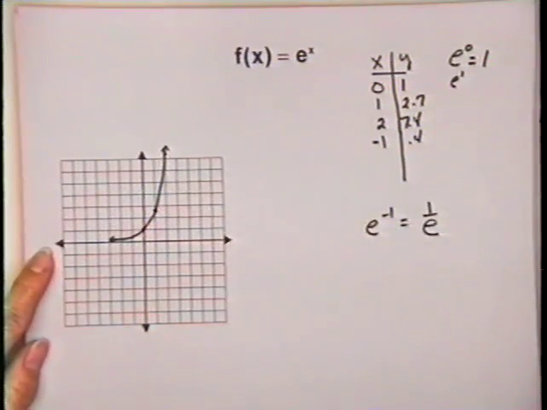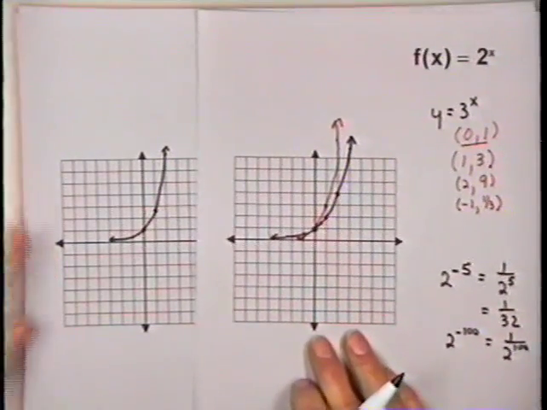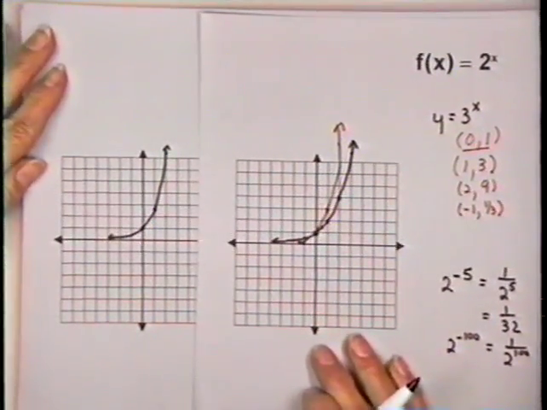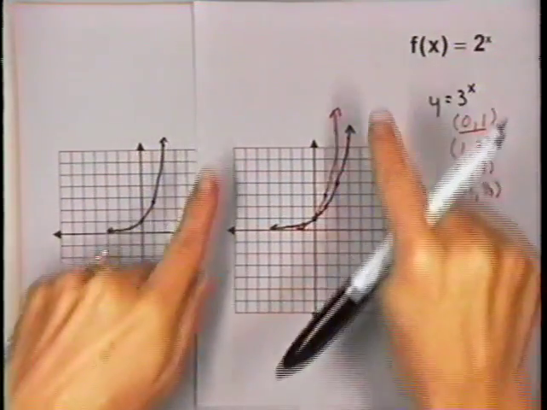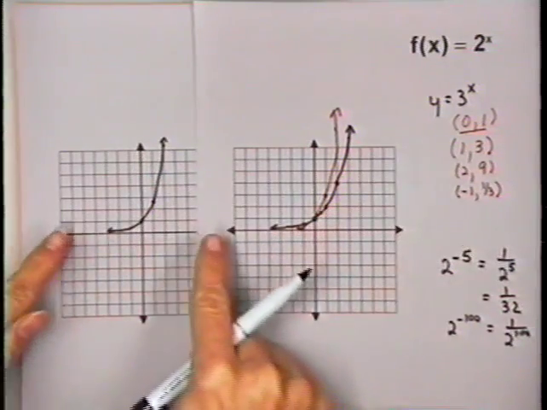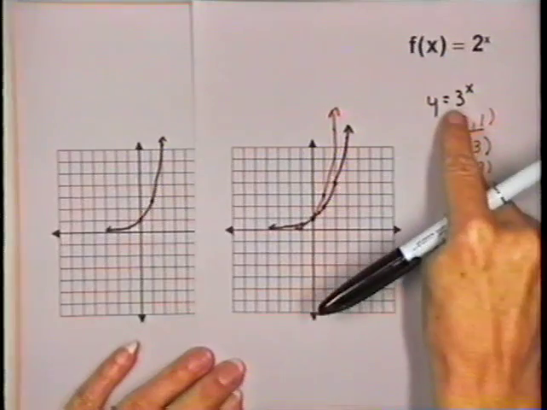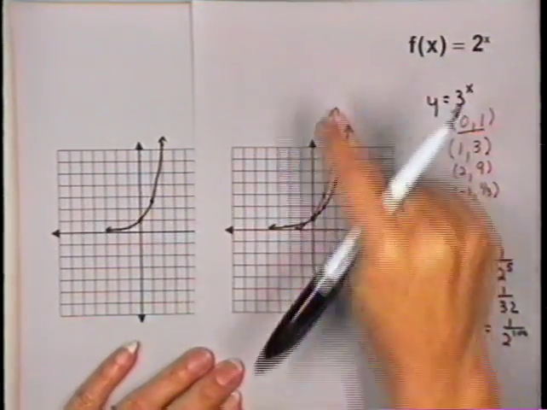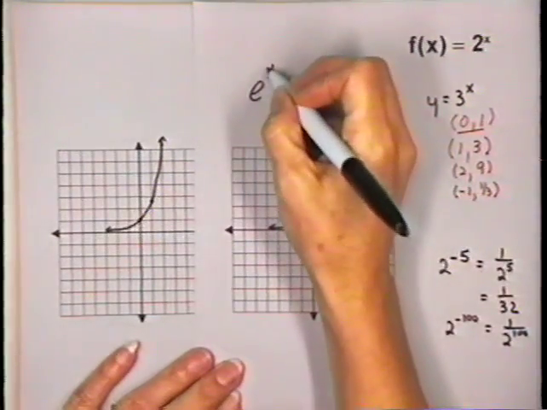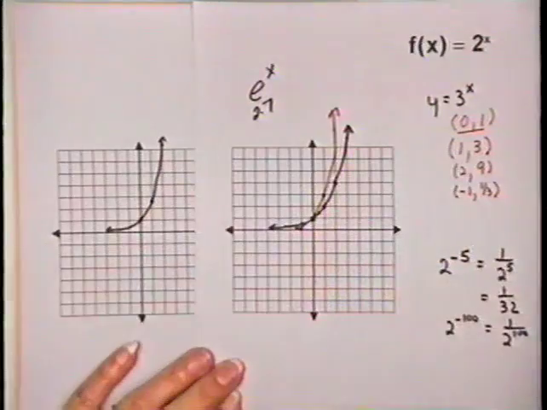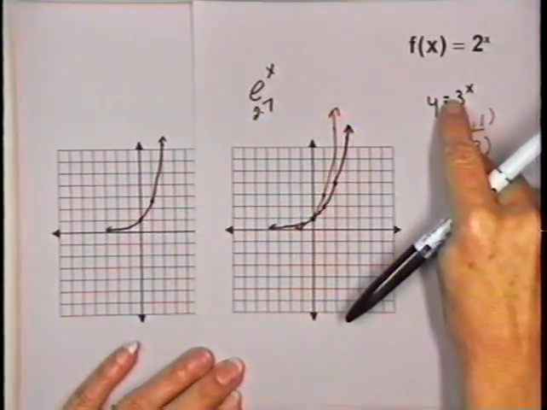Now let me slide this other one we did a moment ago up here, and let's take a look. Well, do you notice that these graphs are all sort of doing the same thing, aren't they? They're rising on the right hand side, they're coming down on the left and approaching this x-axis as an asymptote, aren't they? We learned over here that the bigger the base, the faster it goes up. Well, notice on e to the x, since e is about 2.7, 2.7 would be between 2 and 3, wouldn't it?